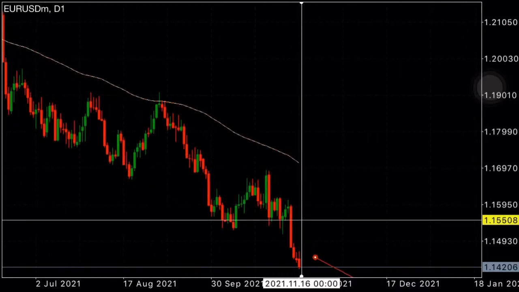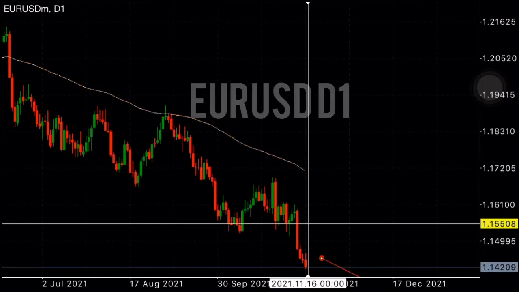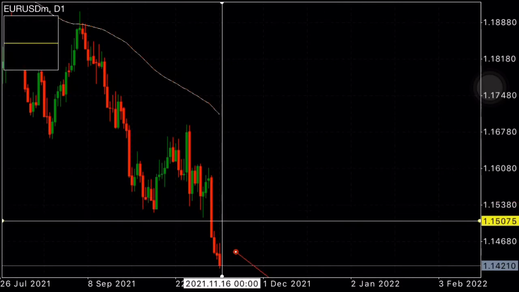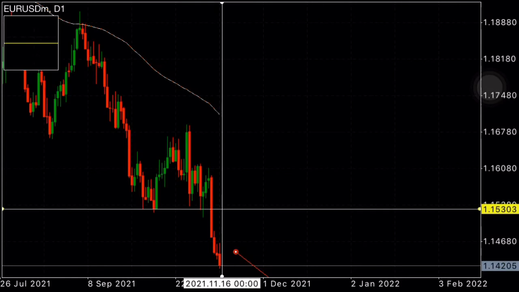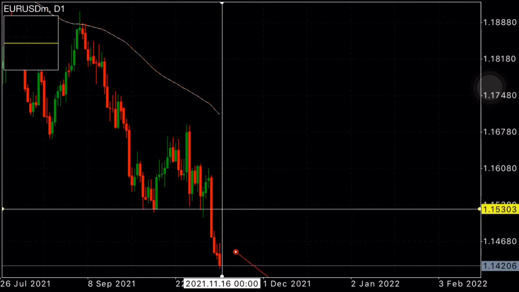But this is where we take note of little structures, guys. Right here where I placed this yellow line on the daily chart, this area is a support level on the daily time frame that was broken.